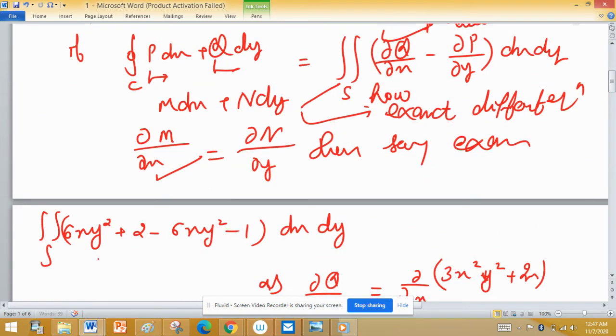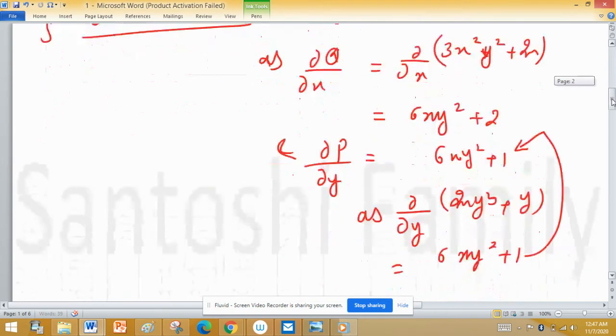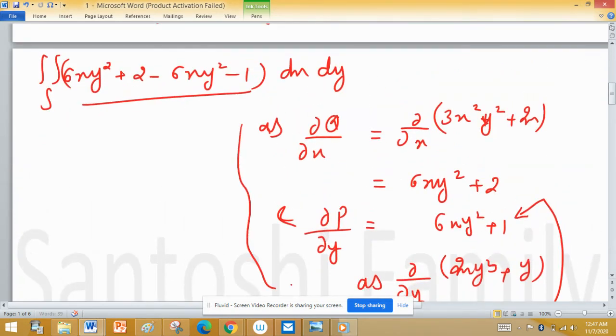So I directly use it here, and you can see how we use this partial Q with respect to x and partial P with respect to y here. How can we use it here? You can check here.